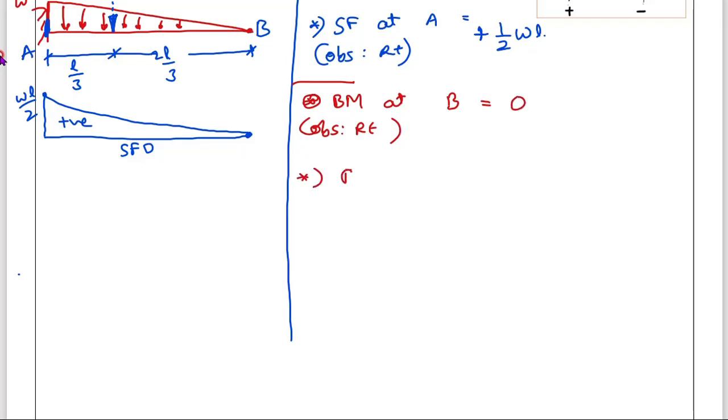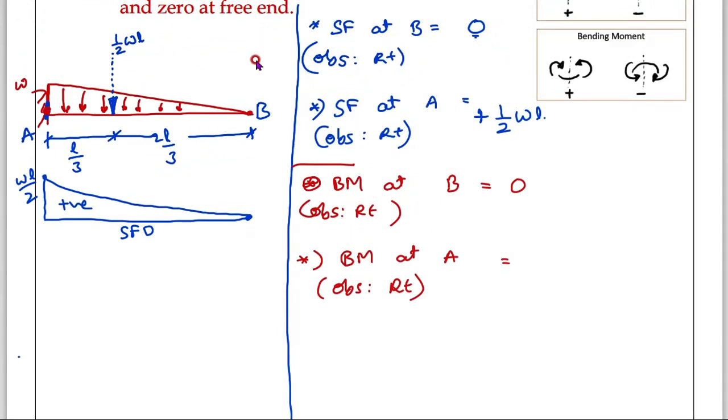Then bending moment at A. At A means stand at this point and observe the right side. What are you seeing? You are seeing one vertical force, and this force is creating moment at point A. Half into WL is the force, and that force creates moment with a distance L by 3. Therefore, the answer is WL square by 6.